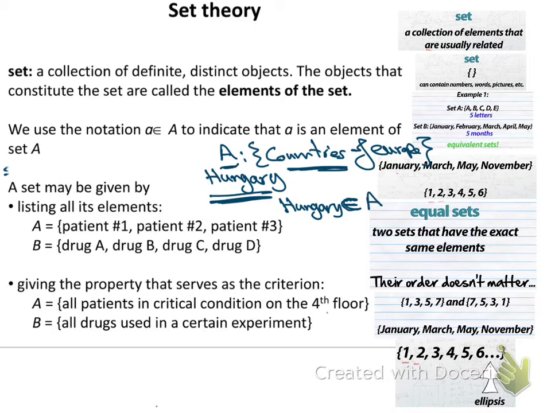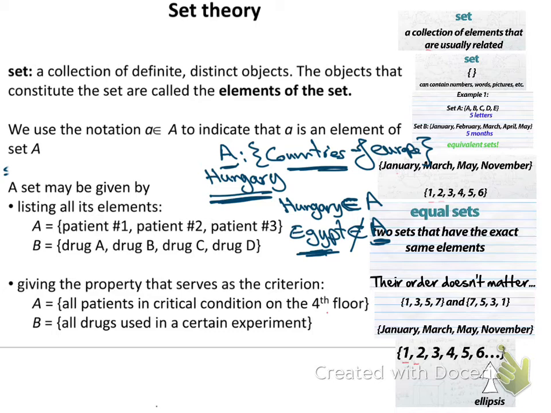I can say Egypt is an element of set A, right? No, it's not right, because Egypt is not a European country. So I have to put a cross like this, one line like that. This line means it is not. So Egypt is not an element of set A, which is the European countries.